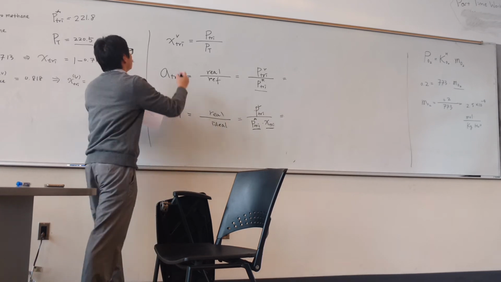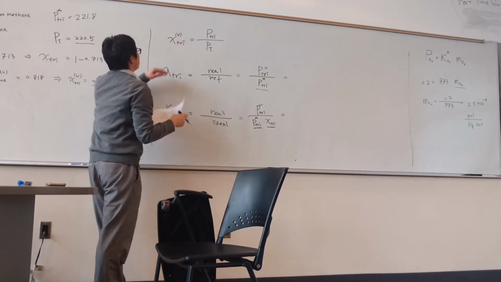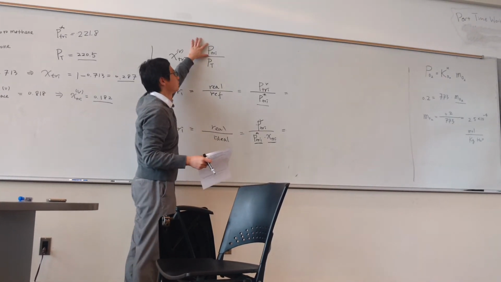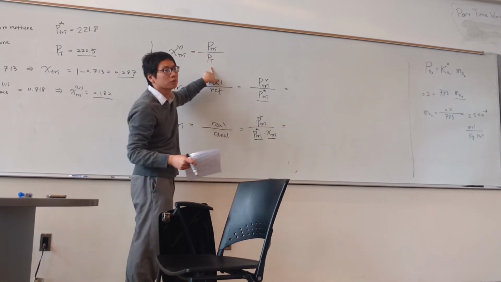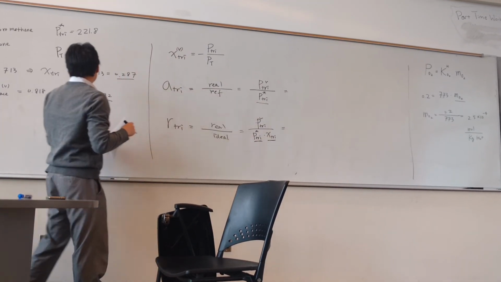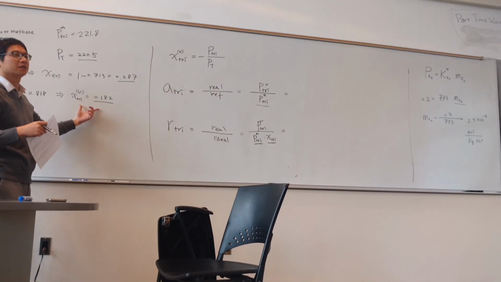The mole fraction of trichloromethane in the vapor phase is defined as the vapor pressure of trichloromethane over the P total, right?